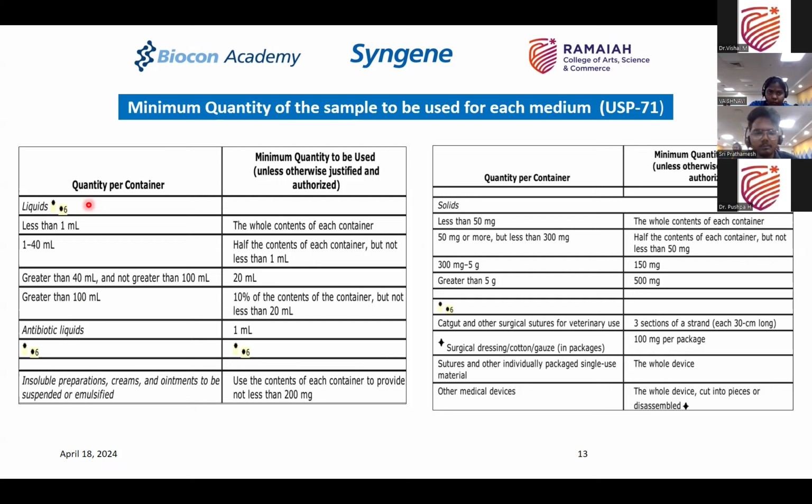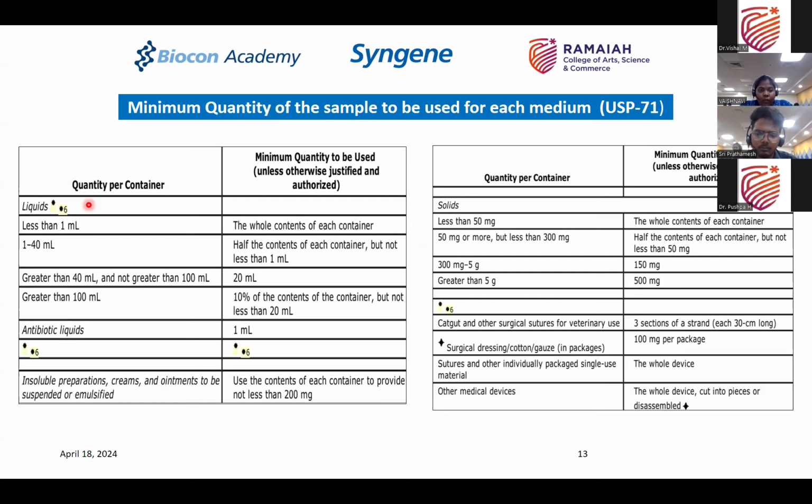So likewise, they have given how much for antibiotic liquids, and for solids also. These pharmaceutical products, you all know, could be semi-solid, in the form of gels, or in the form of liquid, or in the form of powders, etc. If they are liquid, they are expressed in ml.